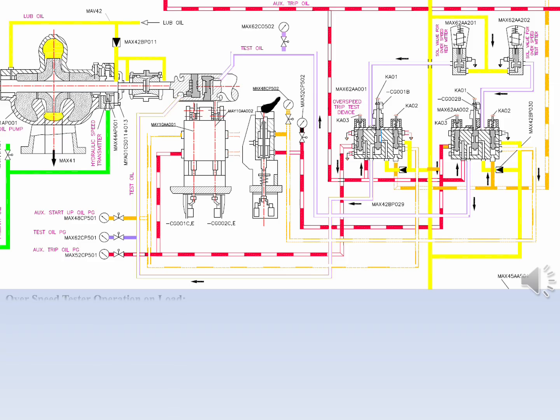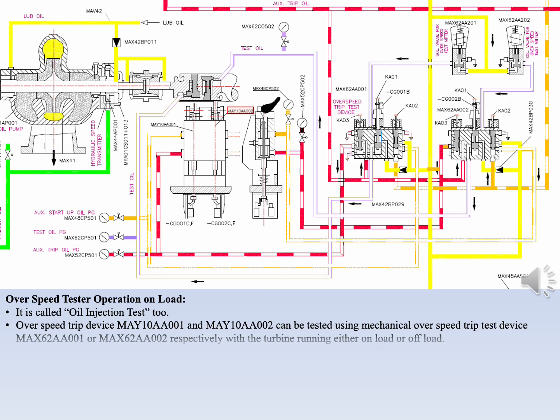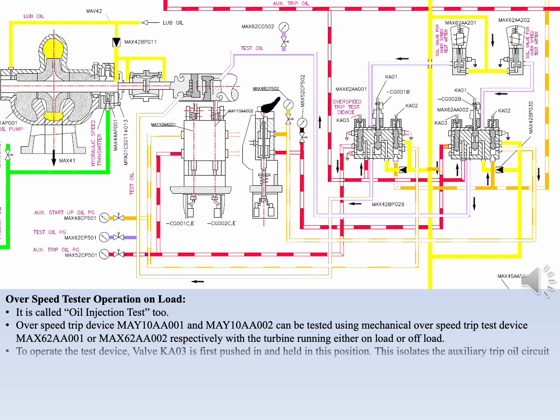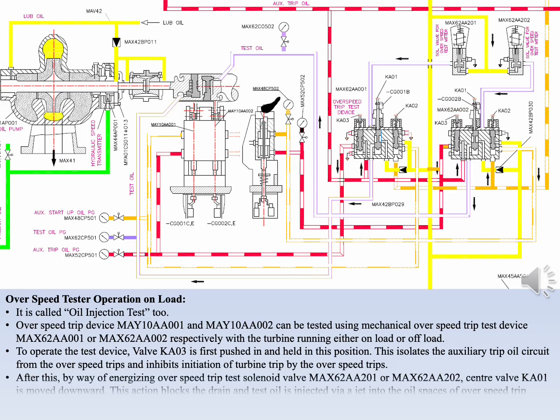Overspeed tester operation on load. It is called oil injection test 2. Overspeed trip device MAY10AA001 and MAY10AA002 can be tested using mechanical overspeed trip test device MAX62AA001 or MAX62AA002 respectively, with the turbine running either on load or off load.